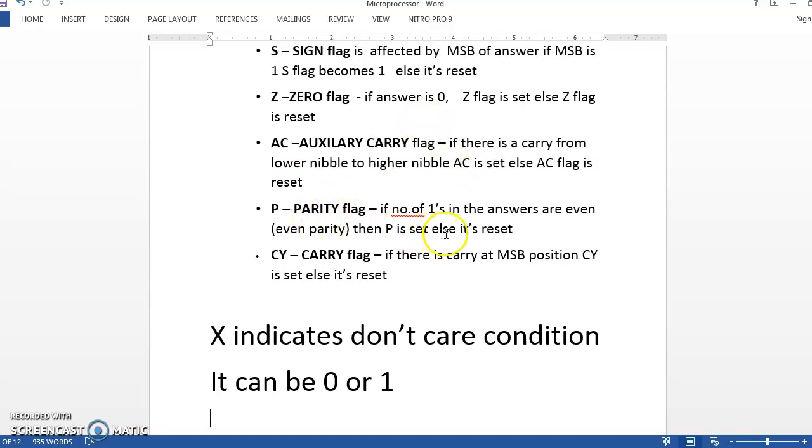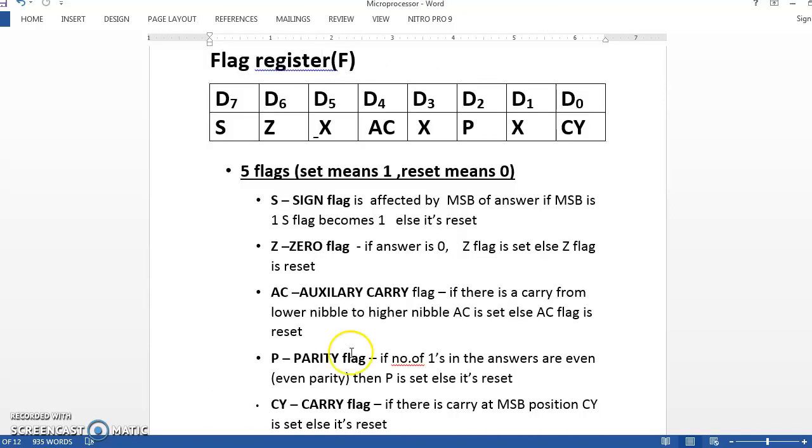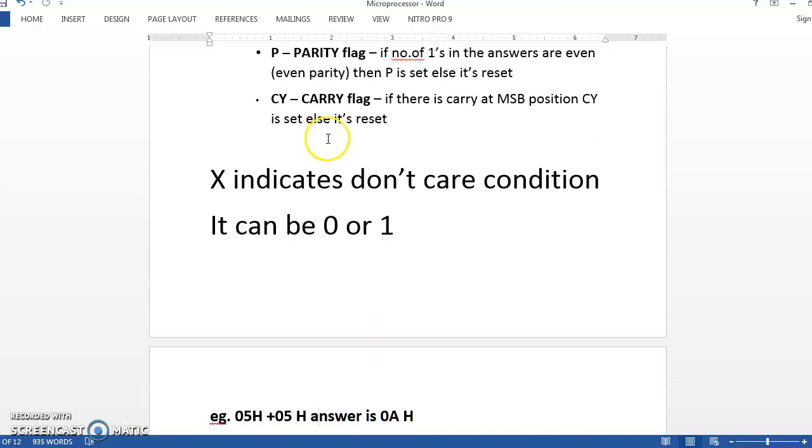Parity flag: if the number of ones in the answer is even, then it is called even parity, then the parity flag is set, otherwise it is reset. And carry flag: if there is a carry at the MSB position, the flag is set. Now this particular X, what I have said, is called the don't care condition. It can be either 0 or 1.